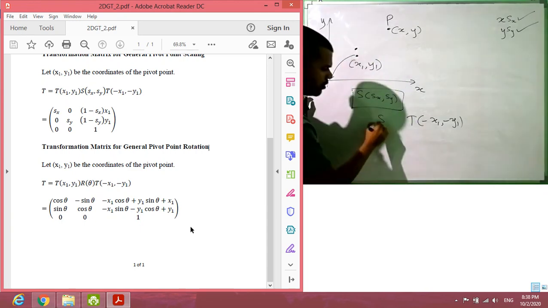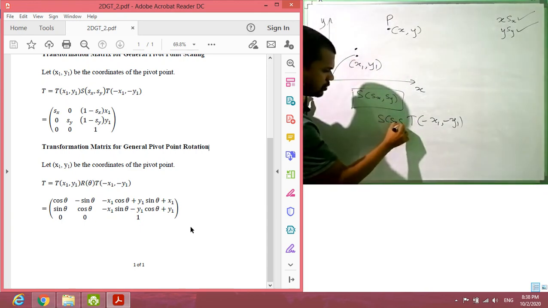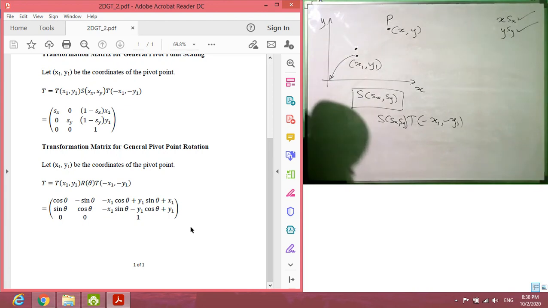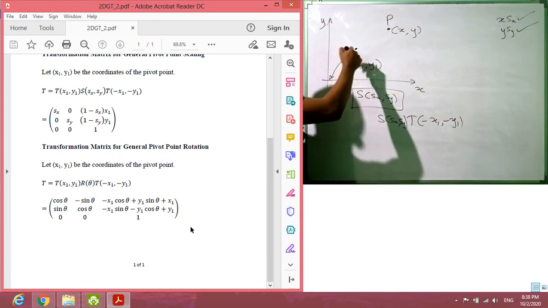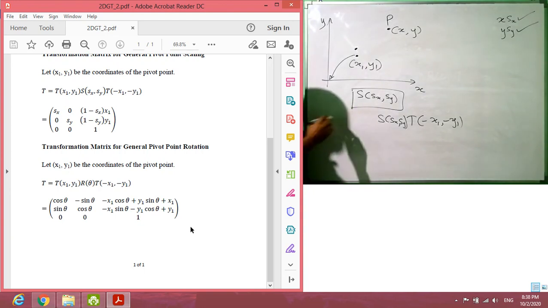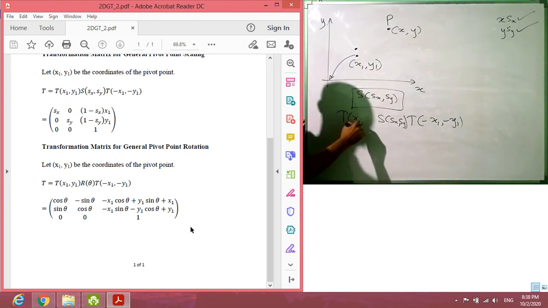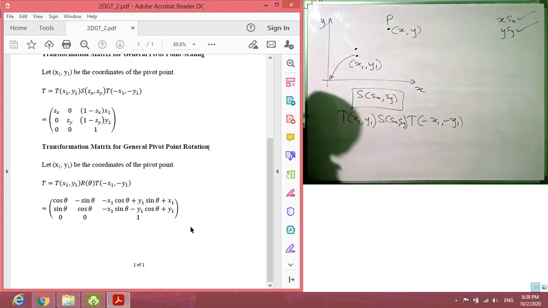Now we perform scaling with respect to the origin, and now again we have to retranslate in this way. Now if you compare this with the rotation example, then you can understand this one. So this is the composite transformation matrix.